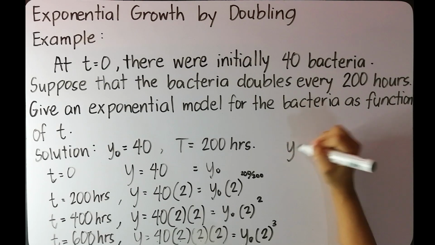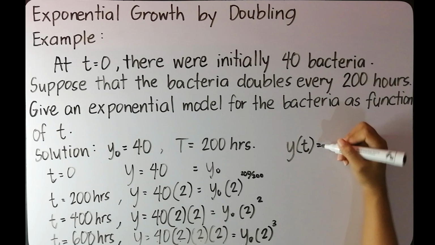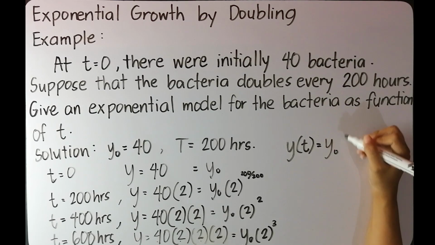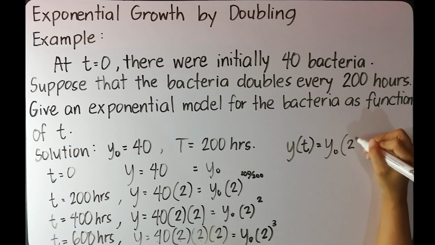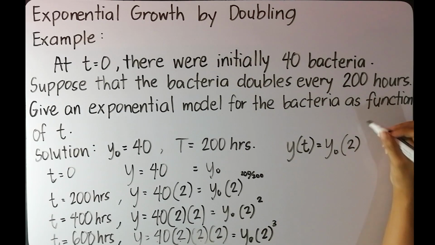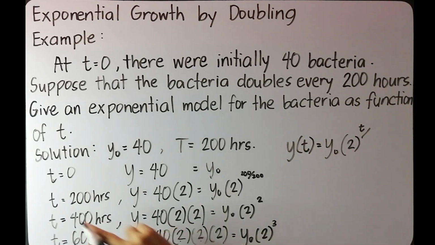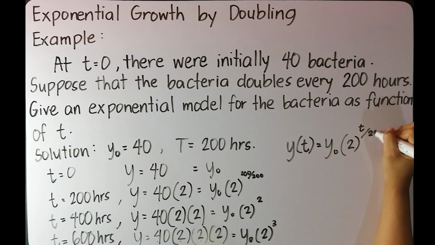So now the exponential model of the bacteria as a function of t will be y of t equals 40, that is y sub 0, times 2, meaning your bacteria doubles. Now we have t, so the given t divided by 200.